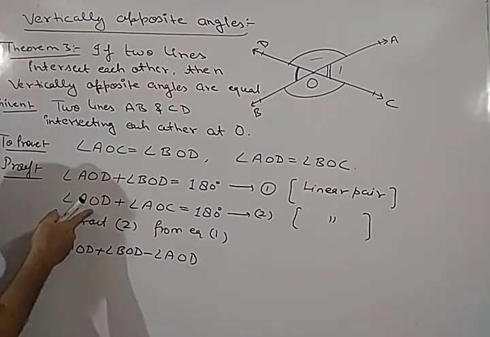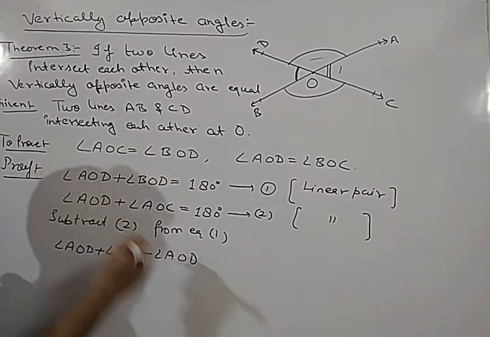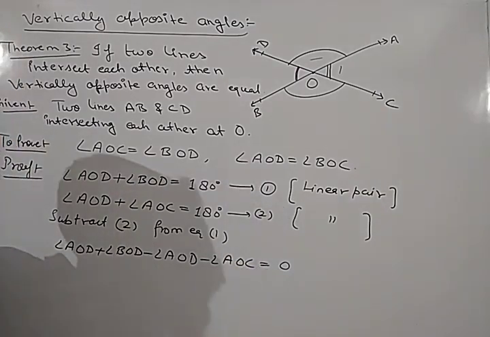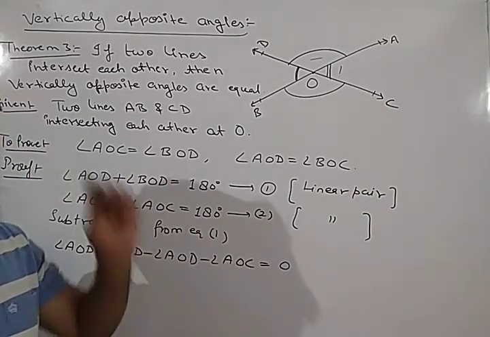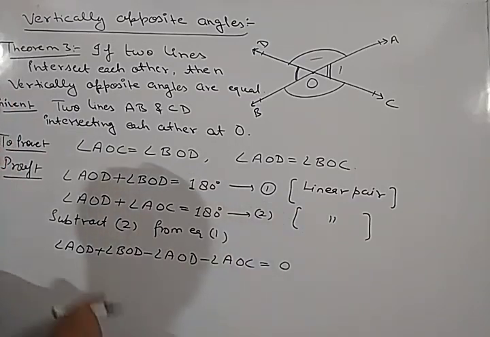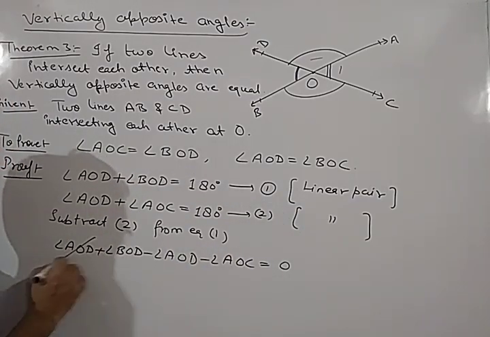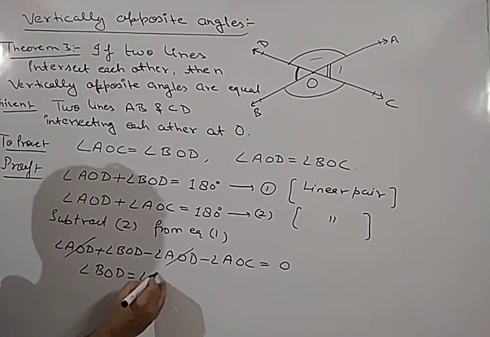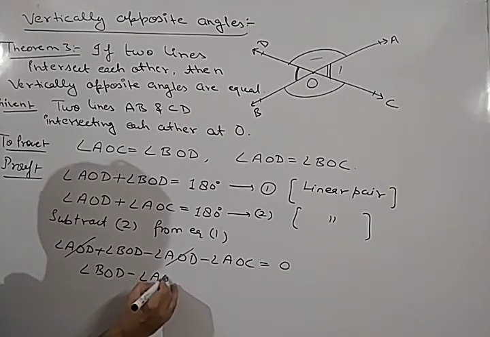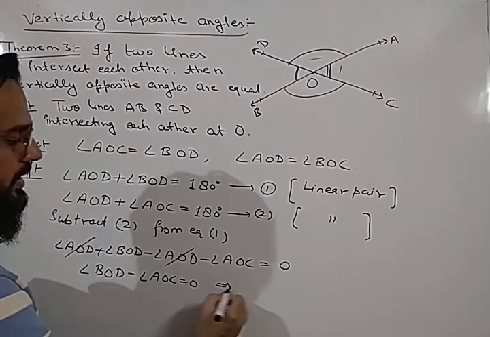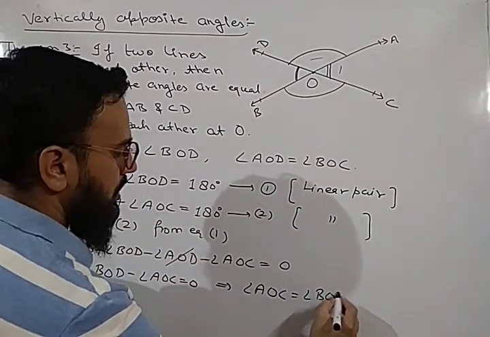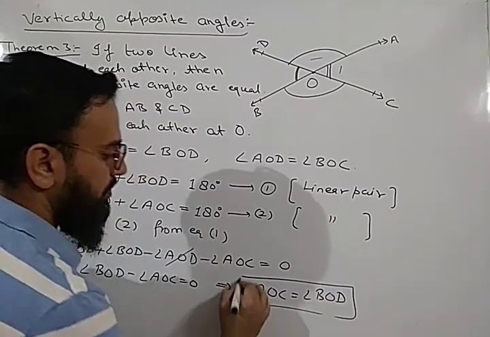We are subtracting this equation, so it will be minus, and this sign will also be minus angle AOC, equal to 0, since 180 minus 180 is 0. Now this AOD and AOD will cancel out, so we get angle BOD minus angle AOC is equal to 0, or we can write it as angle AOC is equal to angle BOD. So we have proved one part.